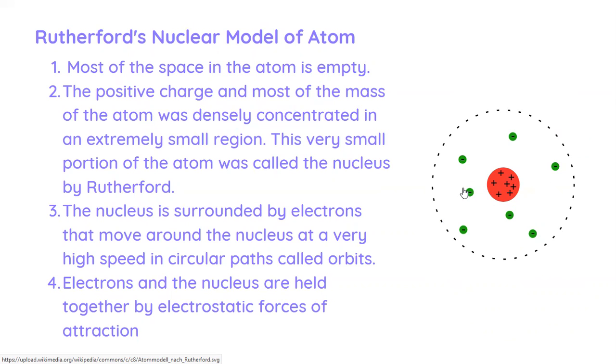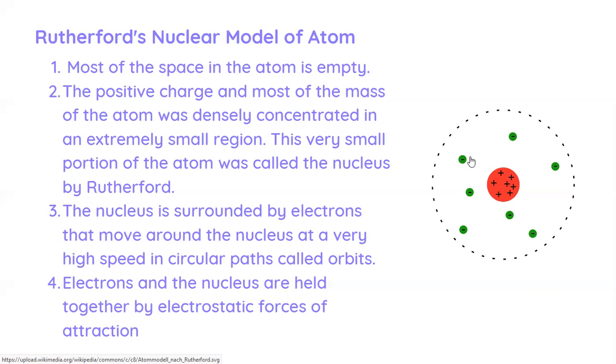So he said that electrons were rotating around the nucleus, similar to what you see in our solar system. The Earth rotates on its axis and undergoes revolution around the sun. So it's similar to that.